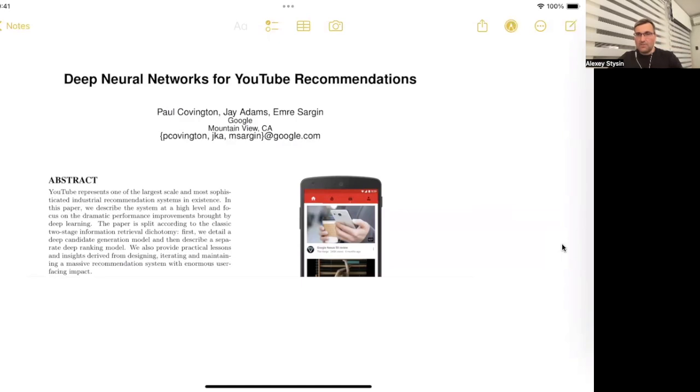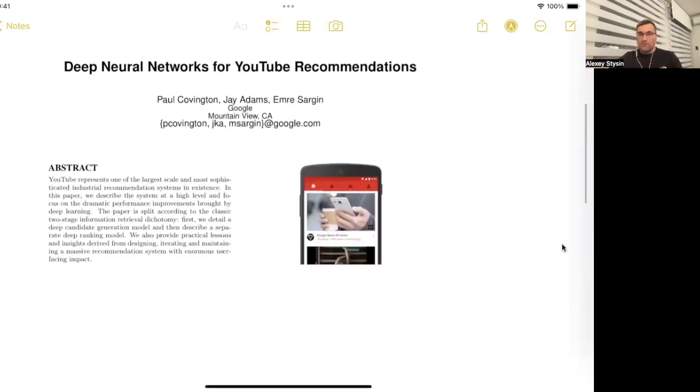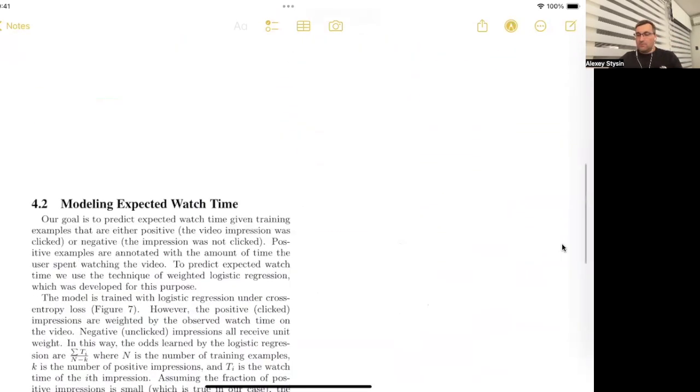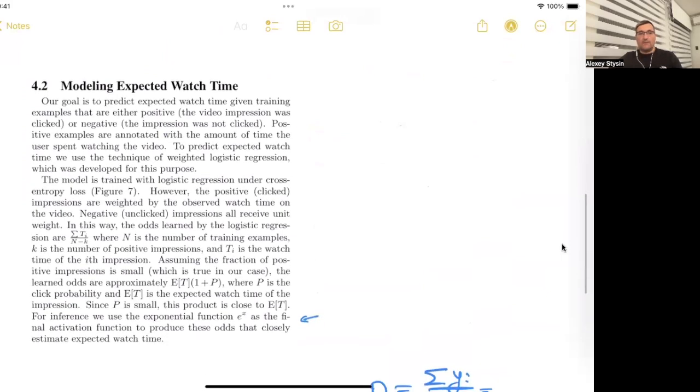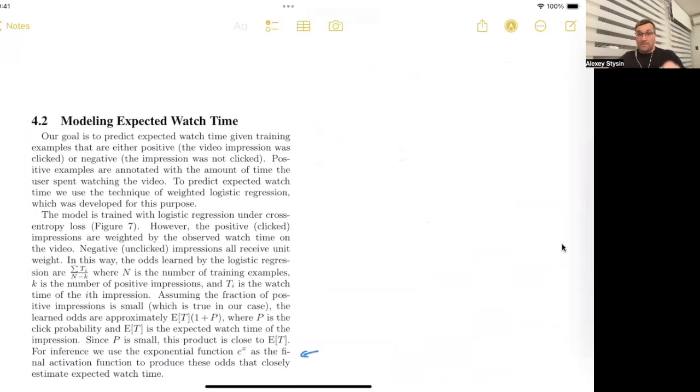And in general, they cover both stages of a full-blown recommendation system, which is a retrieval stage and the ranking stage.